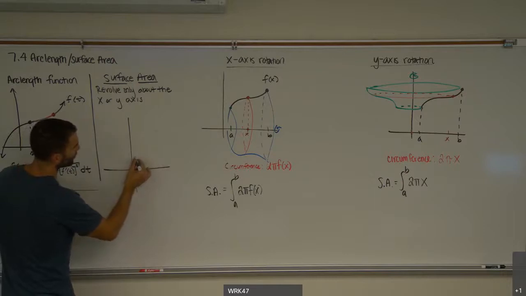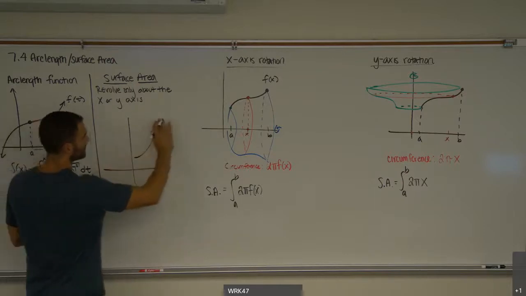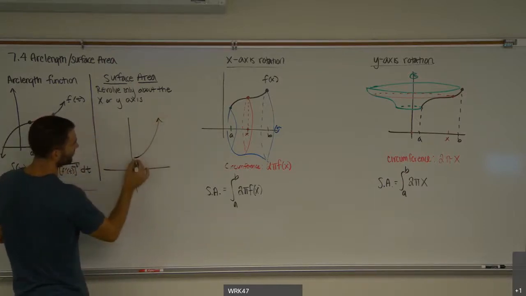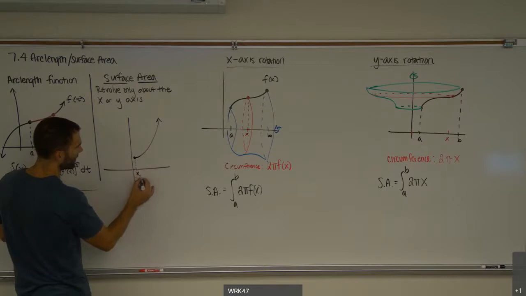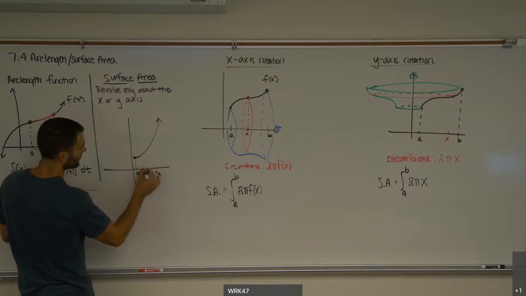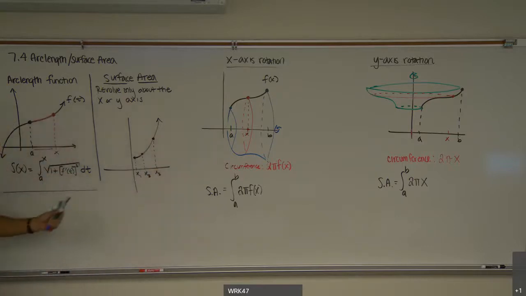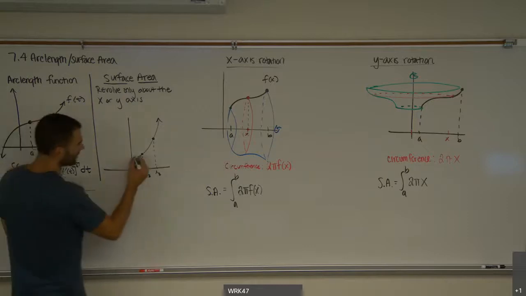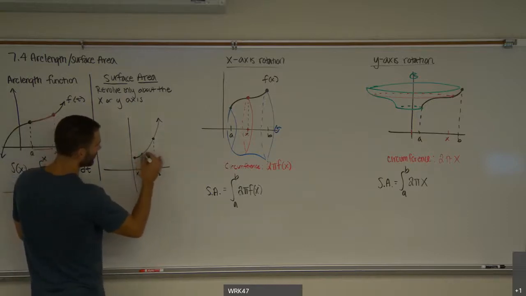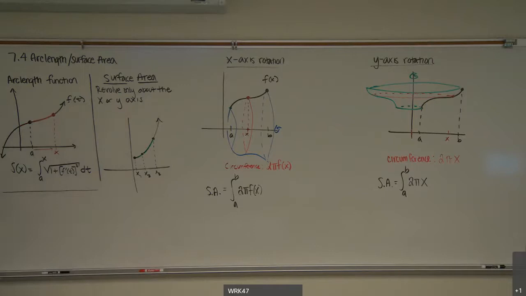We do a really sharp curve like this. And say we have 3 points here that are equally spaced on the x-axis. So if we look in the x direction, the points are equally spaced. However, if we look at the difference between these dots on the curve, they are not equally spaced.